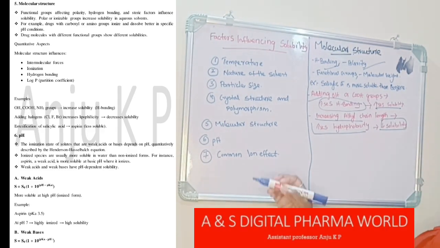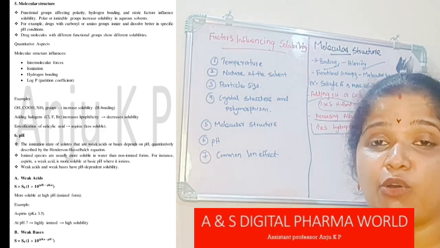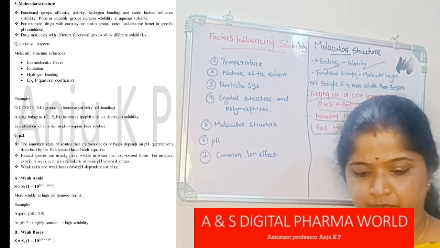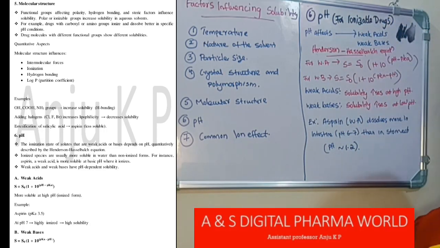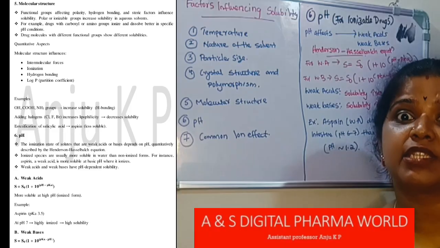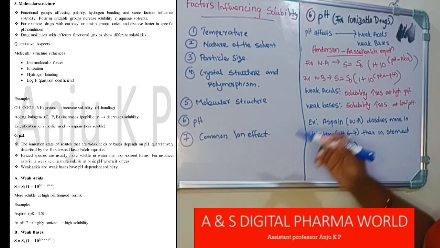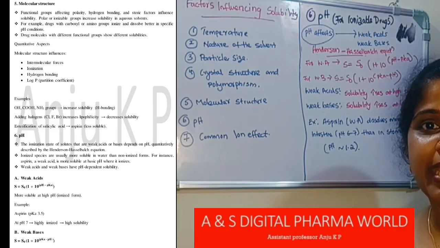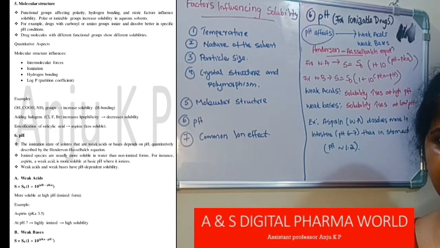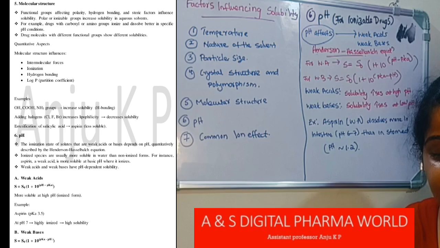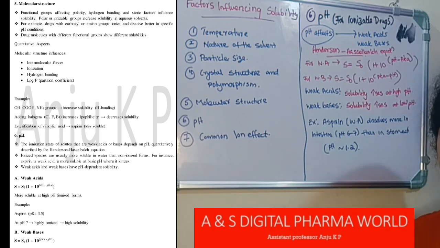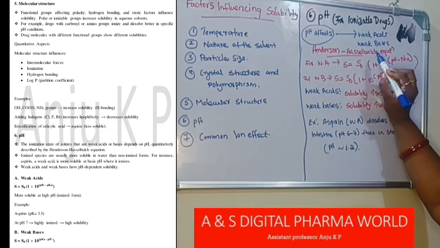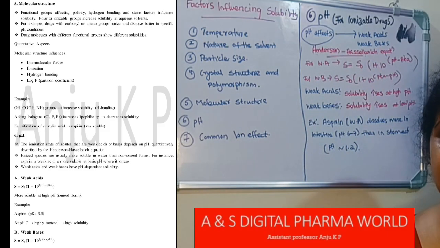Now the next concept we will see is pH and how it affects the solubility. The pH effect applies only to ionizable drugs, those drugs which can ionize. pH will affect the solubility of weak acids as well as weak bases. It is given by the Henderson-Hasselbalch equation.